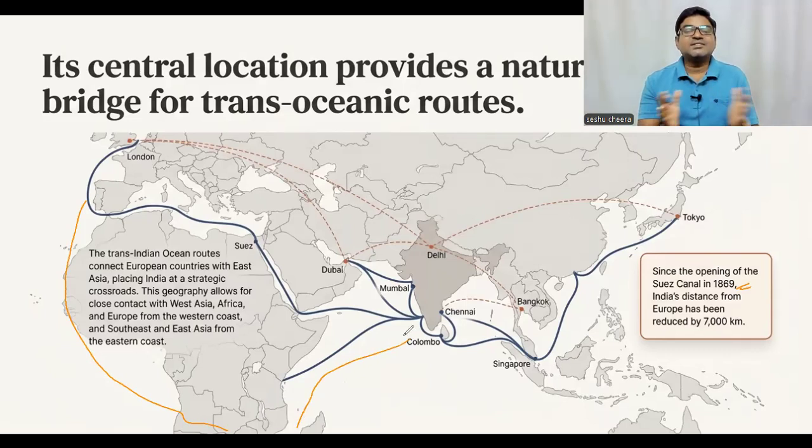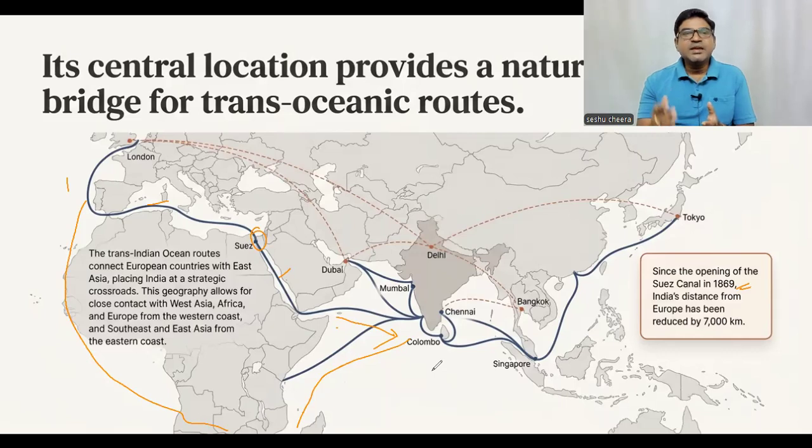But once the Suez Canal was opened in 1869, dug in this location, connecting the Atlantic via the Mediterranean, coming towards the Red Sea, and then making its way towards the Arabian Sea and the Indian Ocean, it significantly reduced the distance by 7,000 kilometers. Yes, you heard it right.